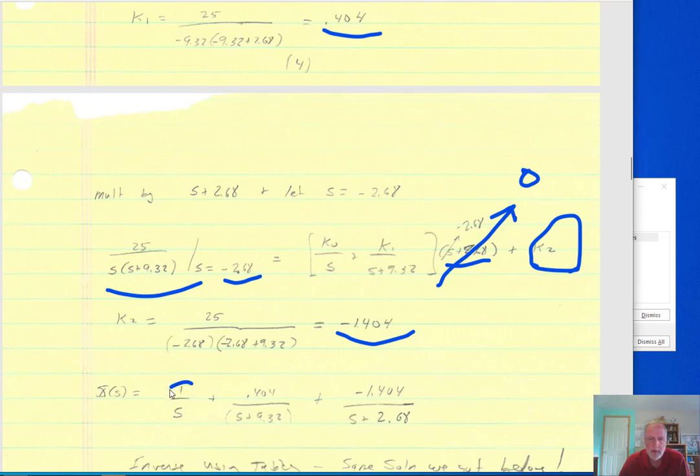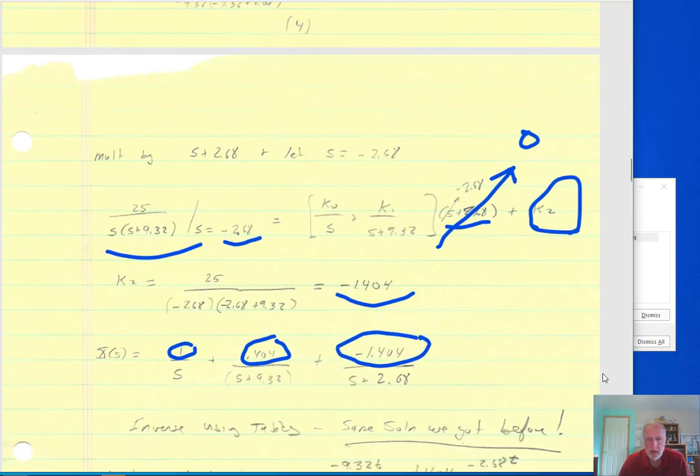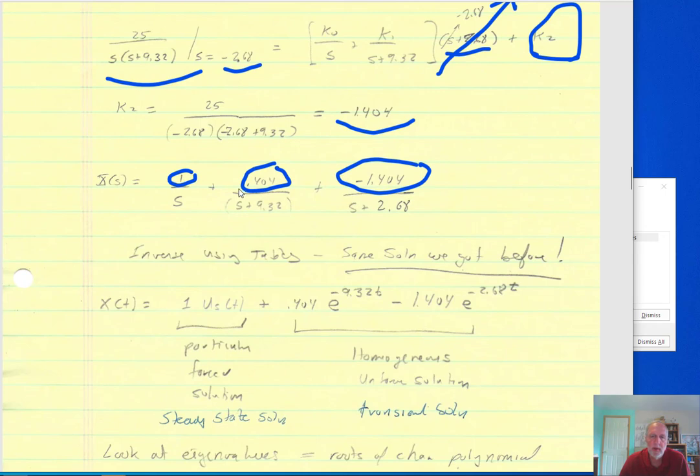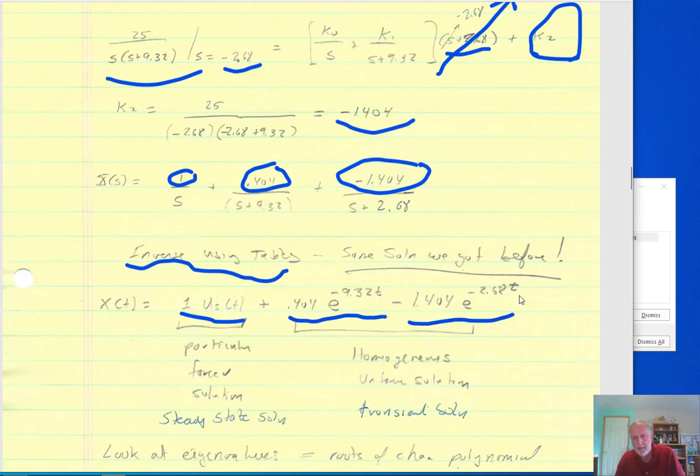So plug k0 in here, k1 here, k2 here, and now we can look these up. Well, we already did that. We can look these up each individually in the Laplace table. So we inverse using the tables on each individual part, and we get 1.404 minus 1.404 times the time domain functions.